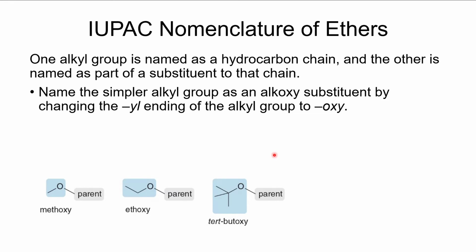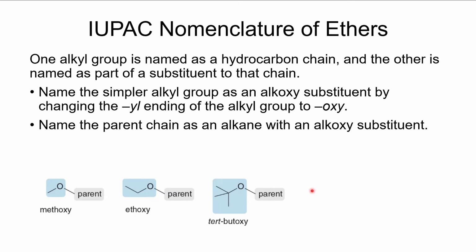So you can do that. So for example, that's a methoxy group. This is an ethoxy group. This is a tert-butoxy group. This is particularly useful when you've got a more complicated structure, something where you can't really name the 2 with simple alkyl names. So you'll just name the parent chain as an alkane or whatever it is, and then you'll name these as alkoxy groups.